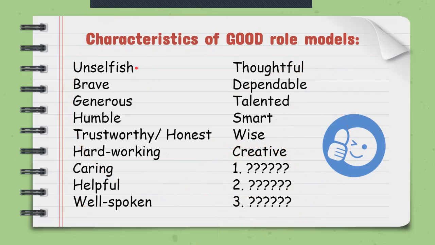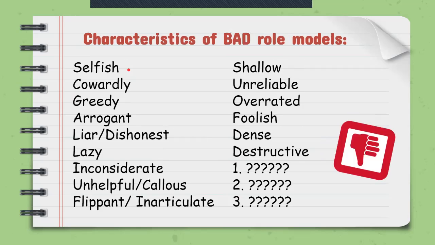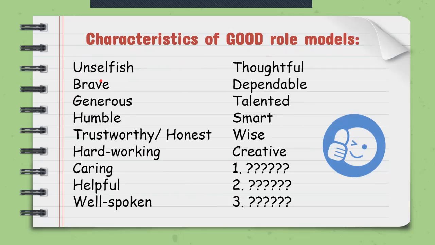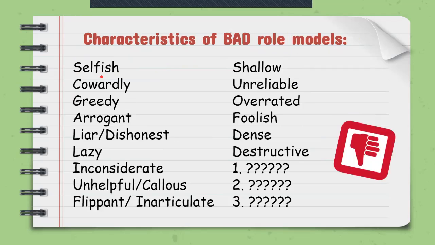Now, let's look at their opposites. Let's look at characteristics of bad role models. So, if you look closely, these words are the opposites of these words. So, a good role model is unselfish. Maybe a bad role model is selfish, right?